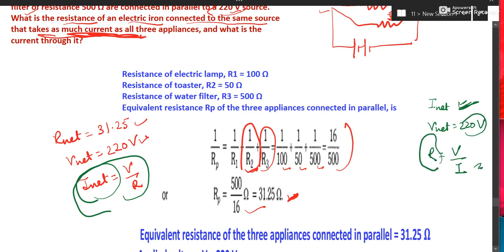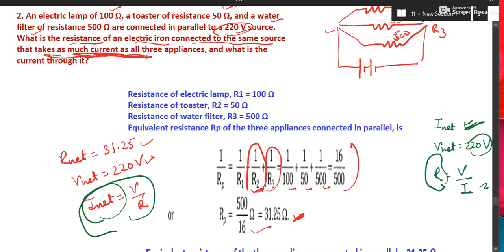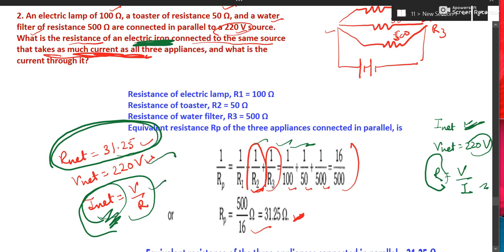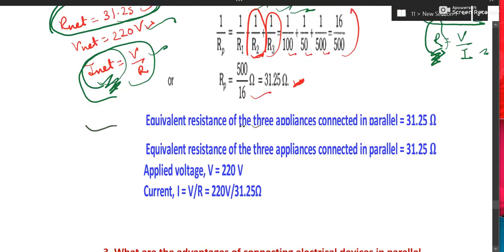This will be the resistance of that electric iron which is drawing the same current as these three draw. Net voltage, find out current, use this current, take this net voltage and find out the resistance of the electric iron.